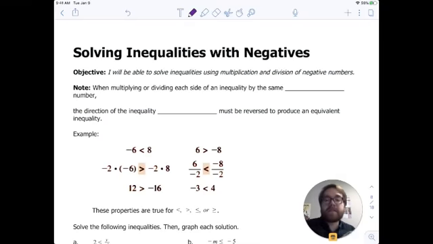All right, before we look at some examples, let's look at the note here at the top of this page, solving inequalities with negatives.